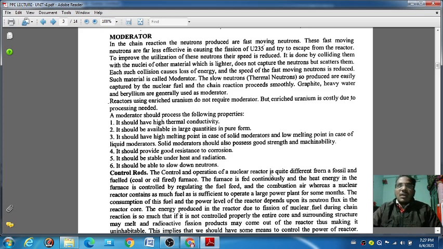It should have a high thermal conductivity.